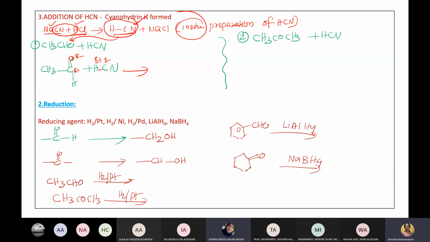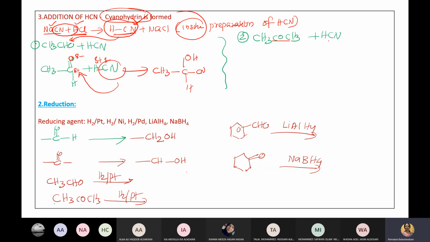So H will go to the oxygen and break the pi bond, and CN will go to the carbon. CN will go here, and O will become OH. Done. Its name is cyanohydrin, but the name is not very important. Only IUPAC names are important.